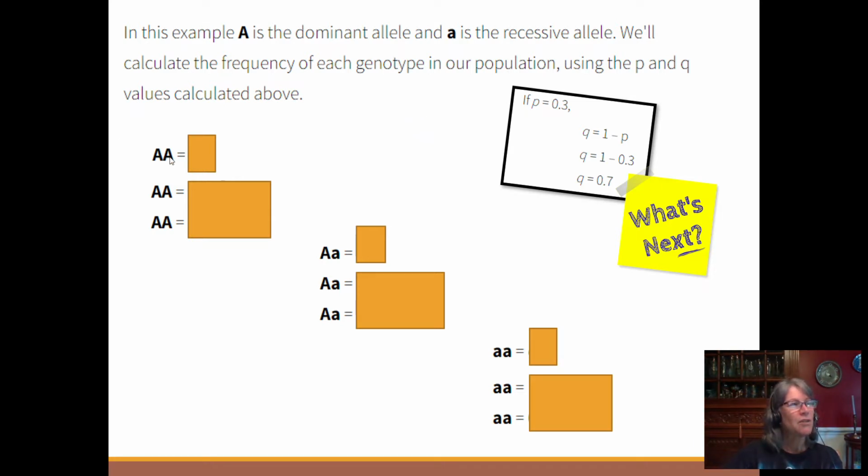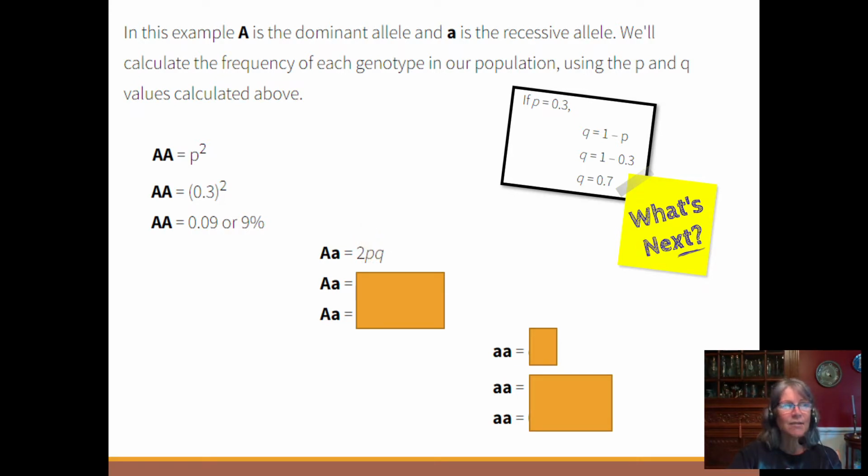Well, my genotypes are homozygous dominant, heterozygote, and homozygote recessive. I have my P and my Q, and P squared gives me the proportion of the population that is homozygote dominant. So 0.3 squared gives me 0.09 or 9% of the population that has the homozygote dominant trait.